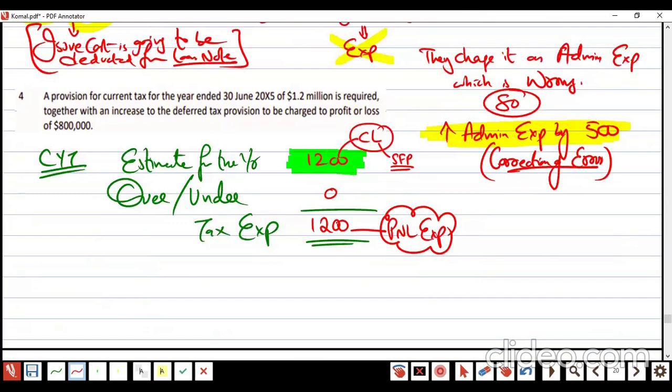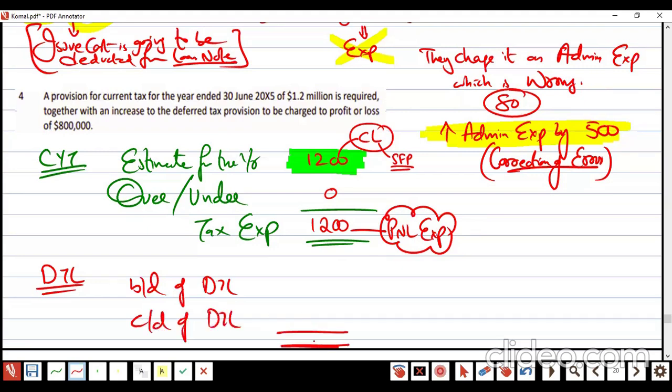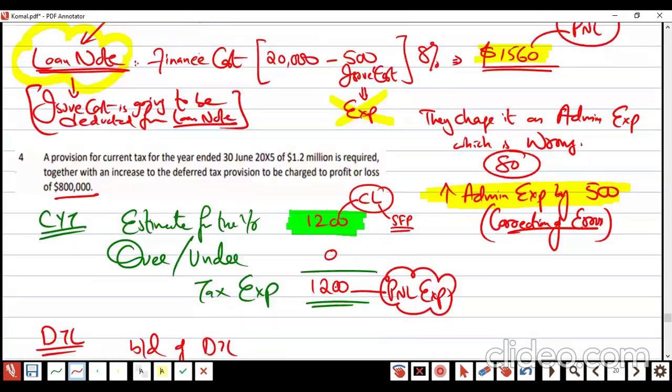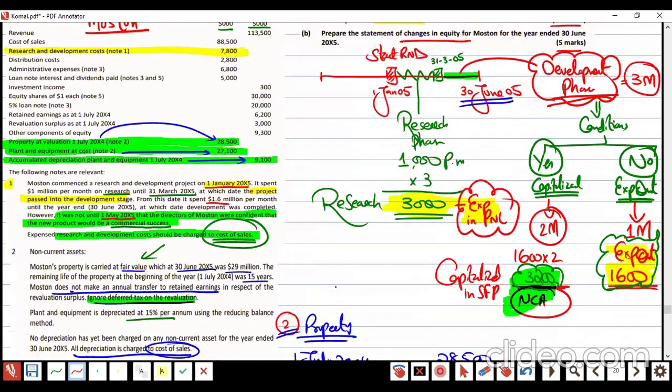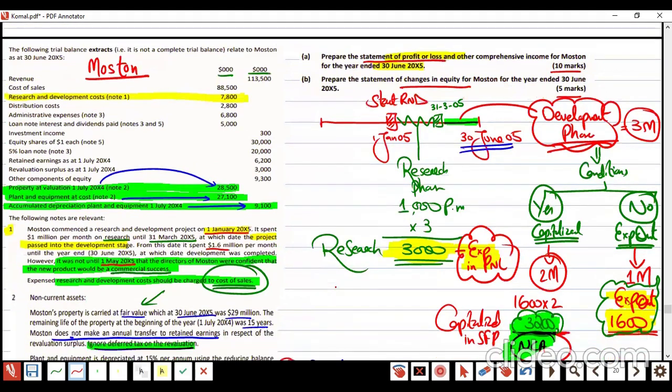Now, deferred tax, PD of DTL, CD of DTL. Look, CD they said increase to the 800, right? How much is the PD? Sir, in this question, there is nothing called deferred tax on the trial balance, and we don't have any balance available.